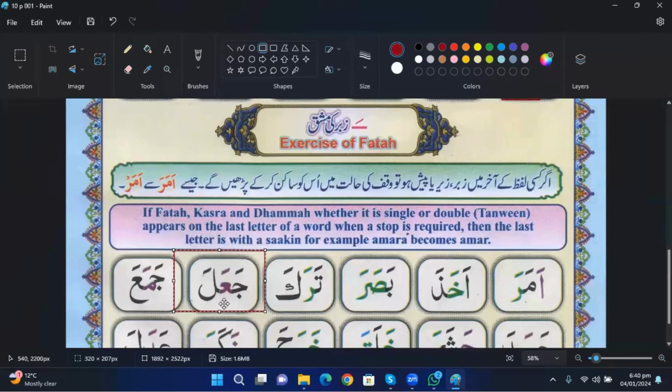So while you are going to start a combination of two, three or four letters, you need to make sure that you try your level best to make the correct spelling of the letters. Focus on it.